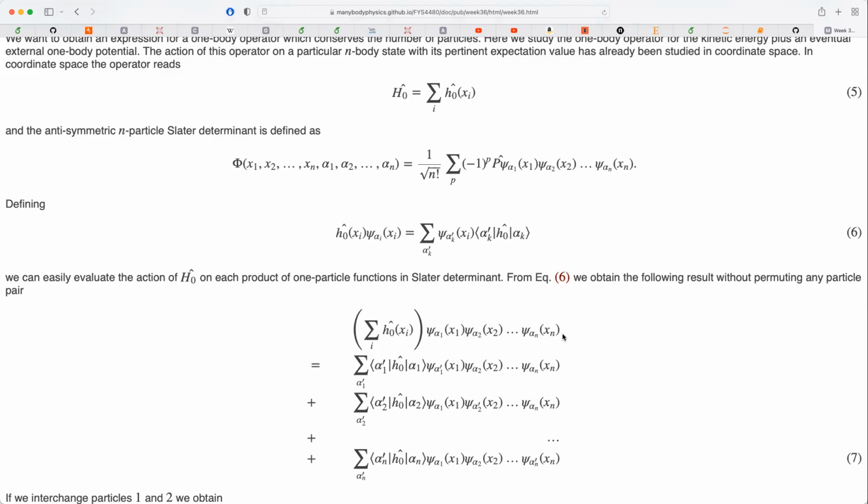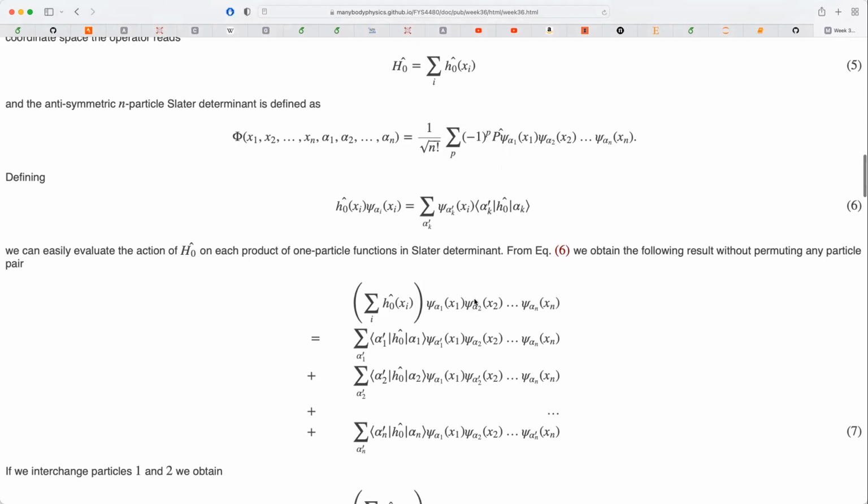And you remember that when we did the one-body operator, when we performed permutations beyond the ground permutation, so we permuted particle 1 and 2, 1 and 3, 1, 2, 3, and so on, all these permutations gave 0. So we are just left with one basic term, which is just the ground permutation, or no permutation at all.